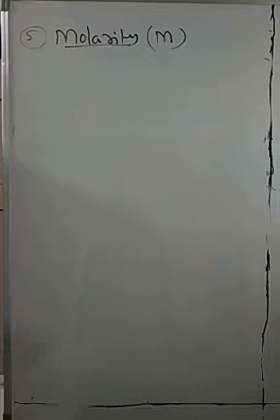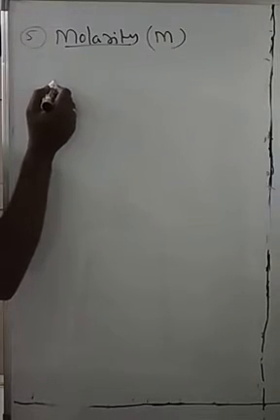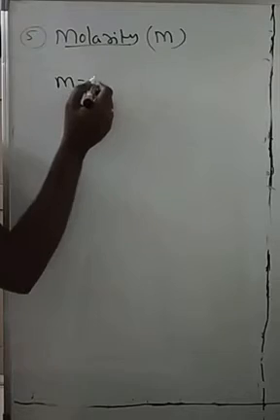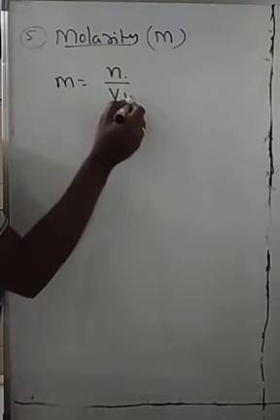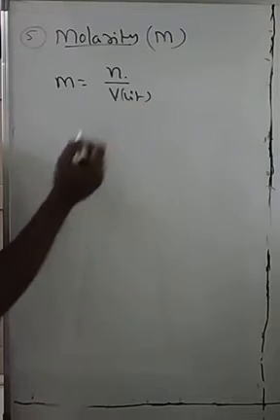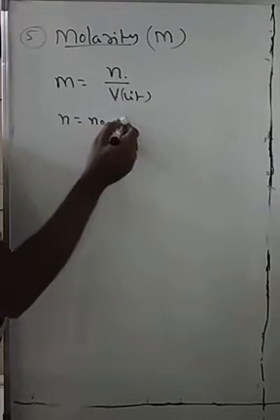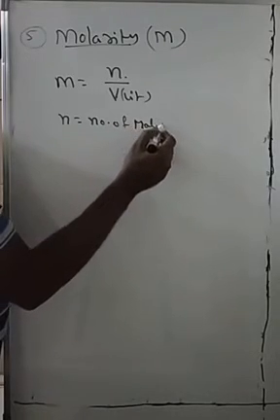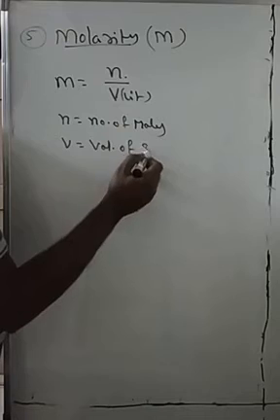So as per the definition, here is the mathematical formula: M is equal to N by V in liters, where N is equal to number of moles, V is equal to volume of solution.